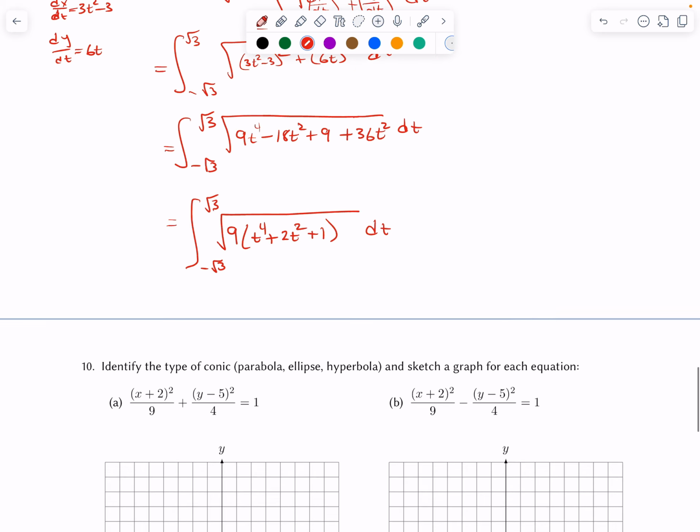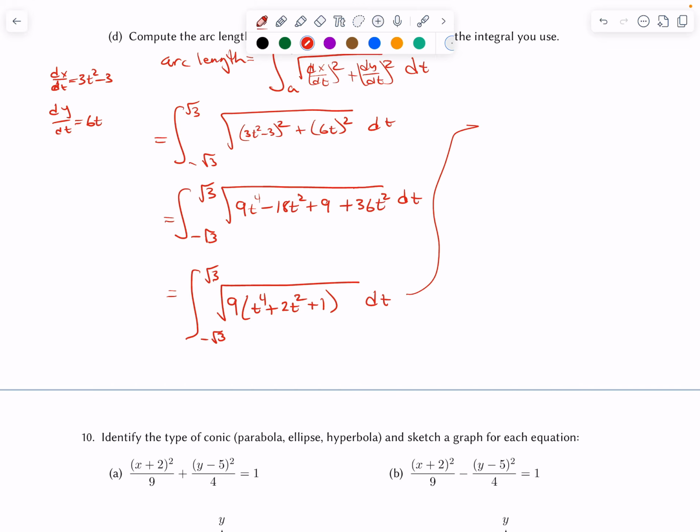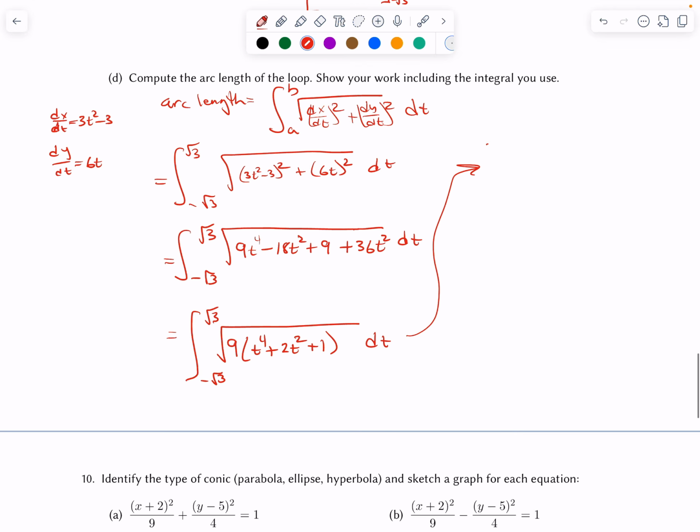So after doing a little bit of algebra, we get this. This is so beautiful. I'm just going to shove this up here. So this ends up being the integral from negative radical 3 to radical 3 of the square root of 9 times t squared plus 1 quantity squared.